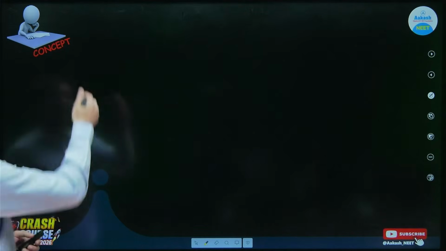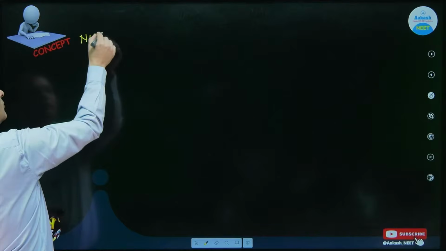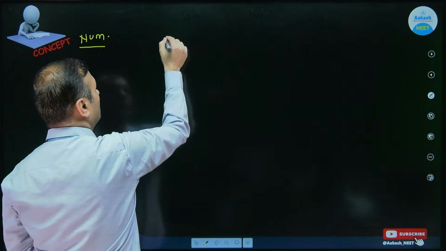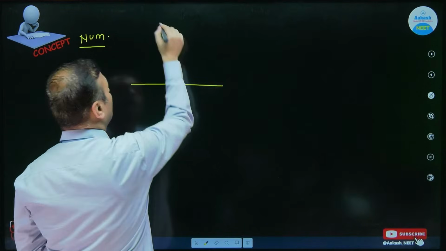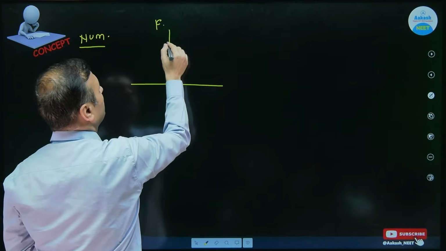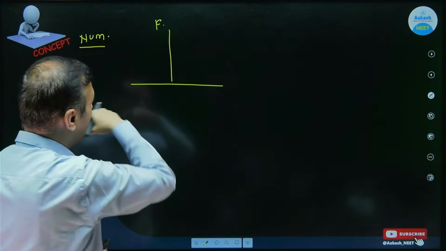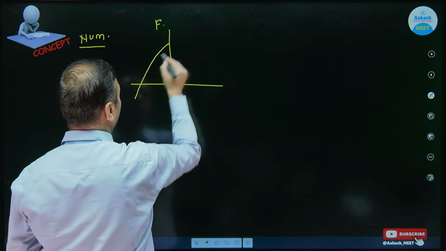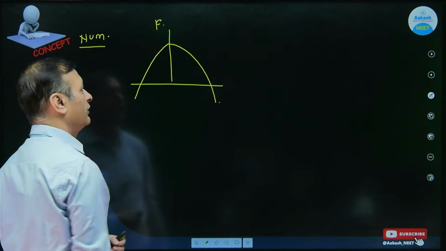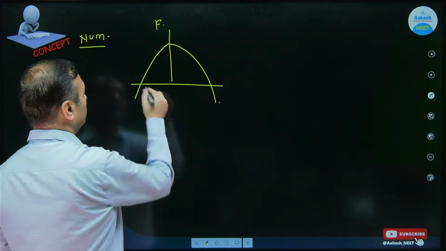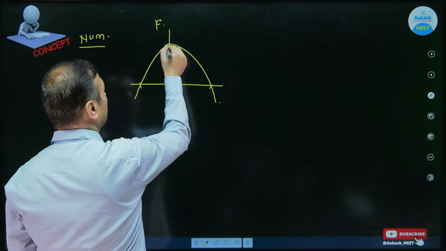Sure. Let's put one more numerical. So let's suppose this is force. Got it? And these are the 3 positions.